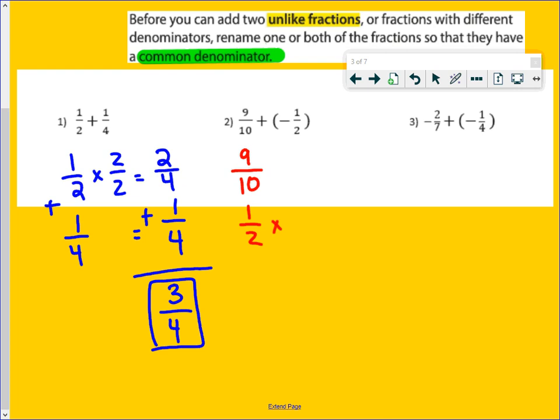Common denominator is going to be 10. So we've got 9/10 and 5/10. In this case, we're going to be subtracting them because the signs are different. So we get 4/10, and when we simplify that, we get 2/5.